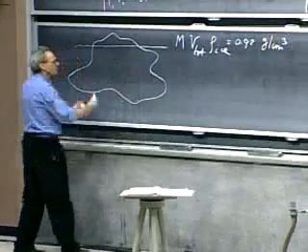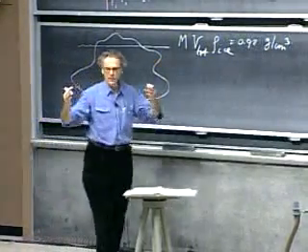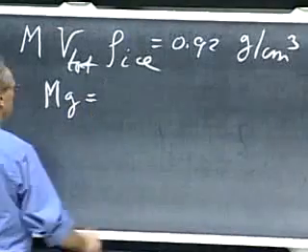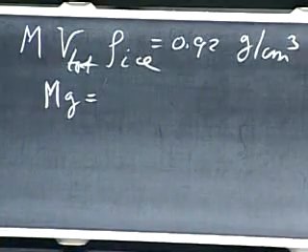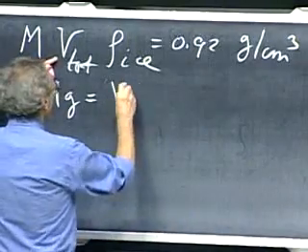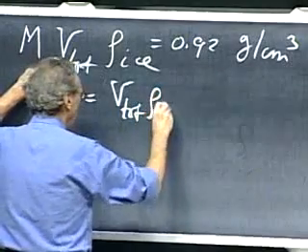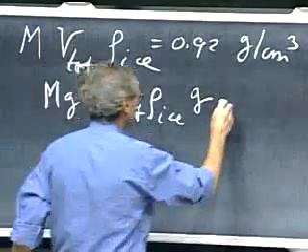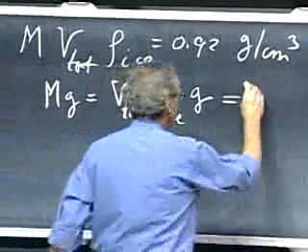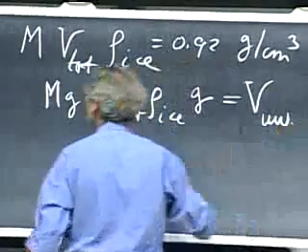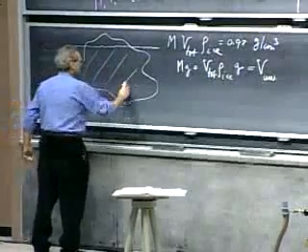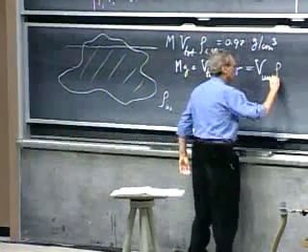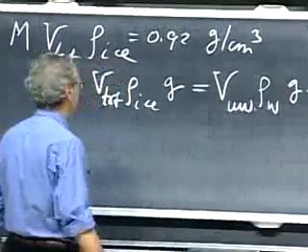This is floating. And so there's equilibrium between mg and the buoyant force. So mg must be equal to the buoyant force. Now mg is the total volume times rho ice times g. Just like the crown, the buoyant force is the volume underwater, which is this part, times the density of water, rho water, times g.